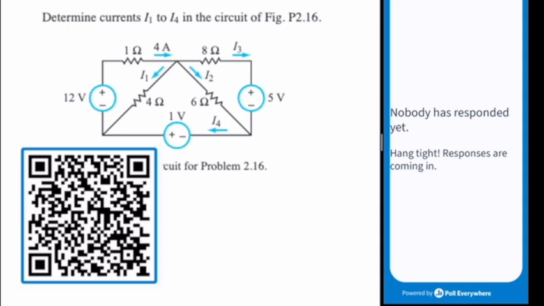So instead you can do similarly to what you did. So in the right one you don't know what I3 is. So then you would need to do the KCL and then that would give you 3 equations, 3 unknowns actually.